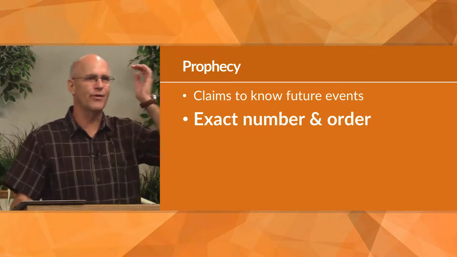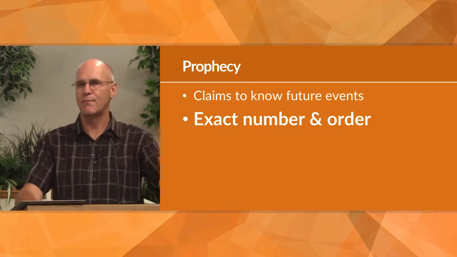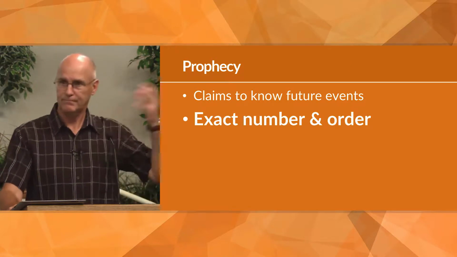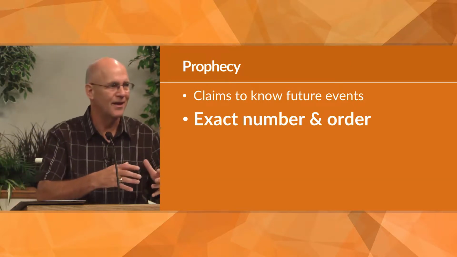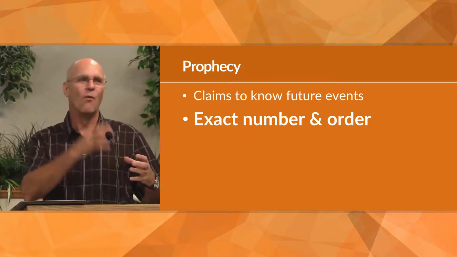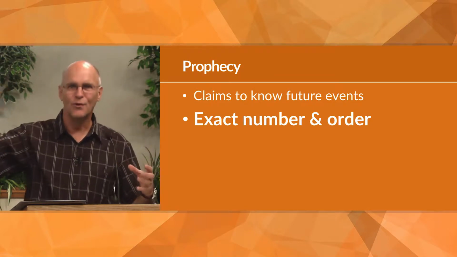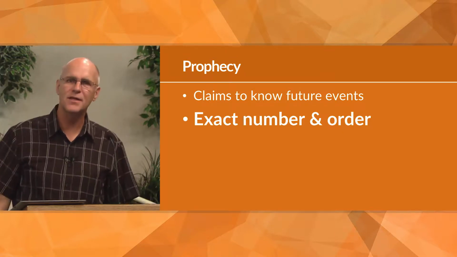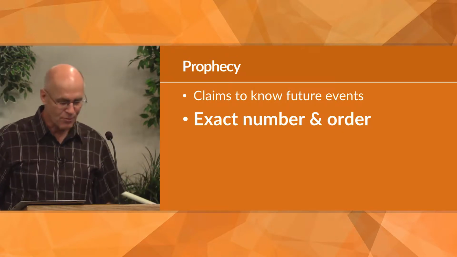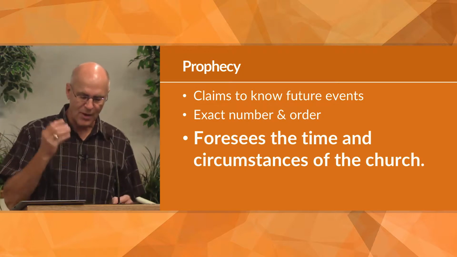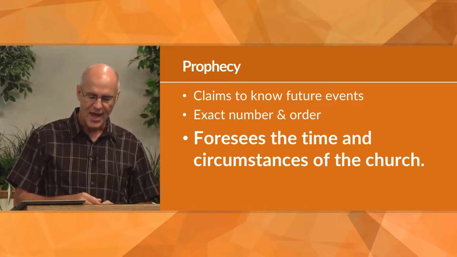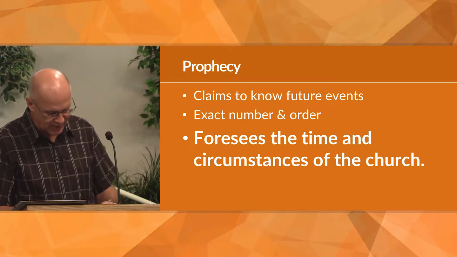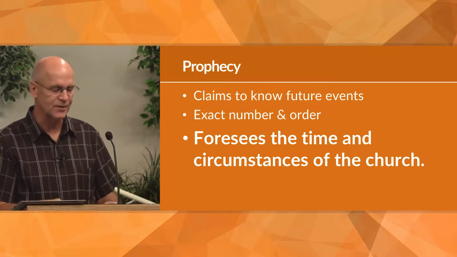I mean, we can't even predict who the next president is going to be three years from now. And here, Daniel is telling him which nations are going to rule in the next 650 years. That's a tremendous prophecy. He prophesies correctly about the coming of the church and the exact period of time that it would appear and destroy the opposition.